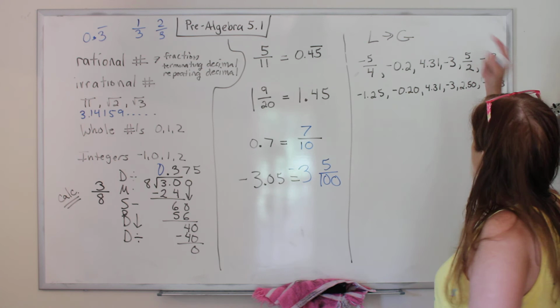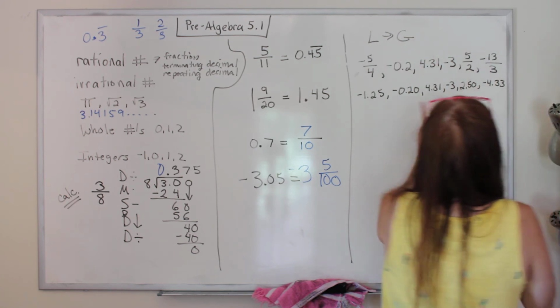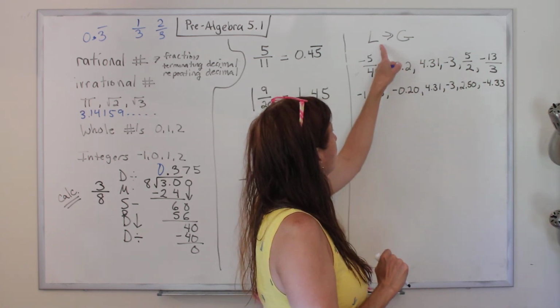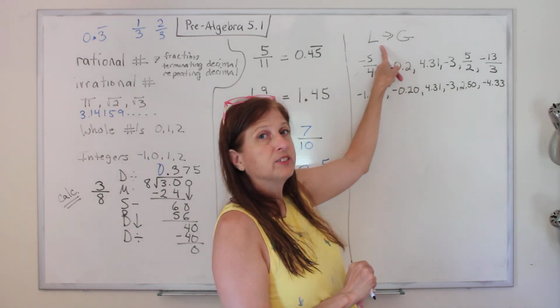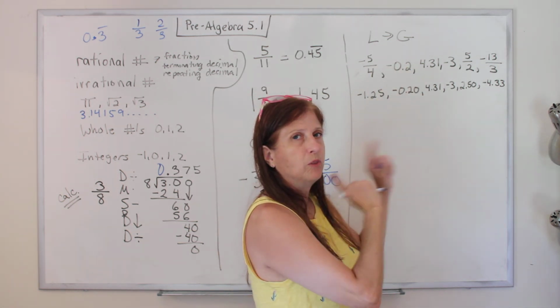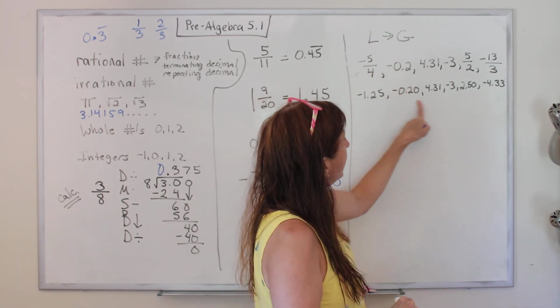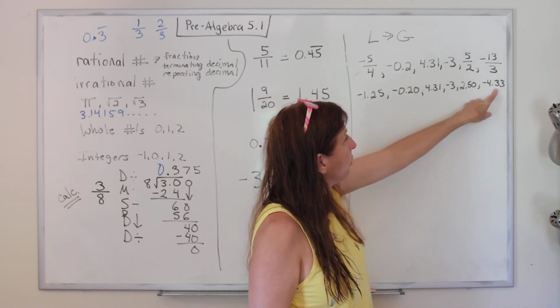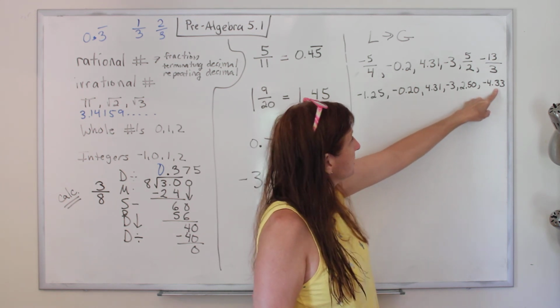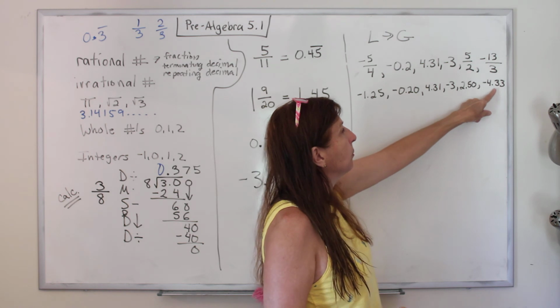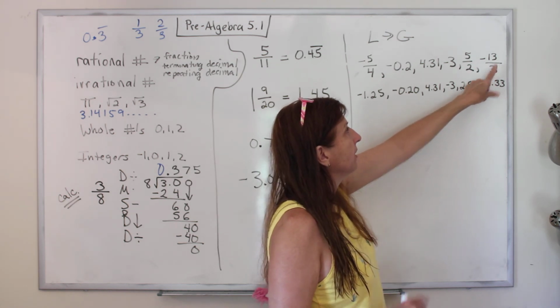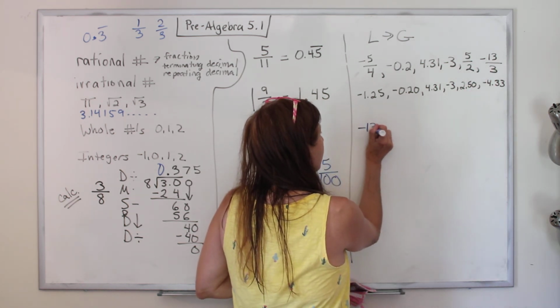So we're supposed to go from least to greatest. So which of these is the smallest? It's going to be the most negative on the number line. So the biggest negative we have is that one, negative 4.33. So that's our smallest, that's our least, but we don't write this, we write it in its original format.